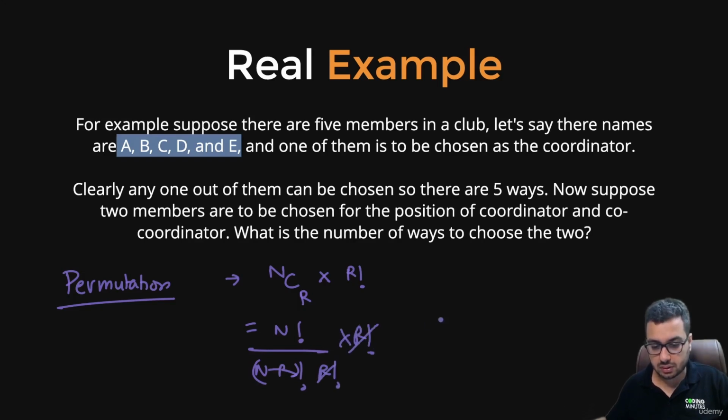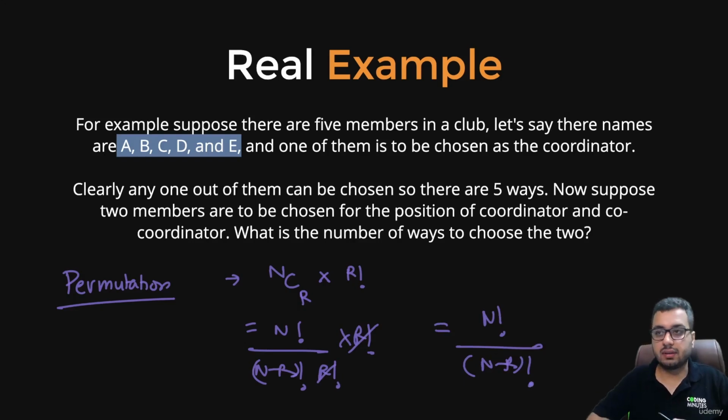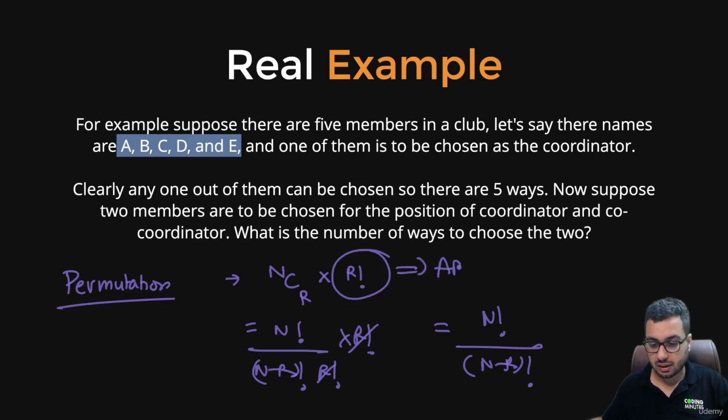This r factorial cancels off, and hence the formula for computing the permutation is n factorial divided by (n minus r) factorial. This term we multiplied because there are arrangements; we can arrange the items in these many orders after selecting them.